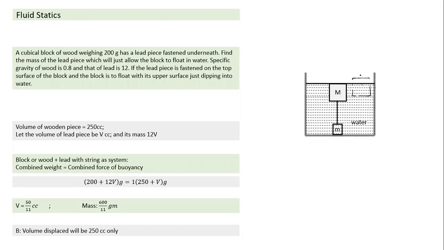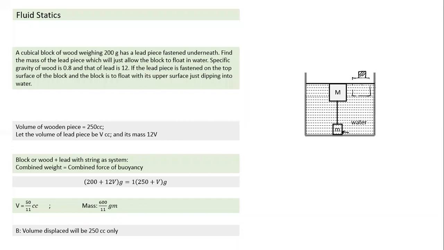Another question could be, what is the mass of lead block I need to place at the top so as to completely submerge this wooden block? Will these two masses be the same? Actually, they will not be the same. In this case, when it is fully submerged, the force of buoyancy acts on the lead block here.